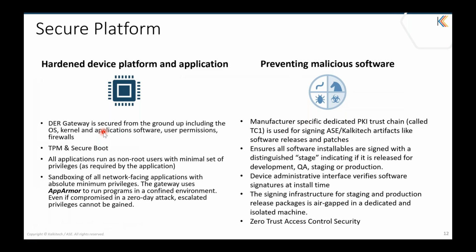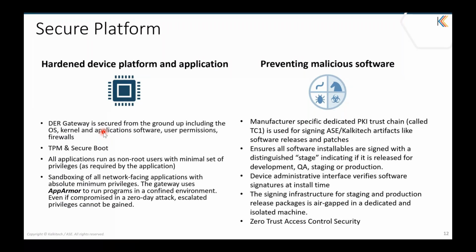So there are different levels of security built in as part of the gateway hardware platform, and all the unused ports and services have been disabled by default, so that it will not be opened up for any malware attack on the device using any standard software out there.